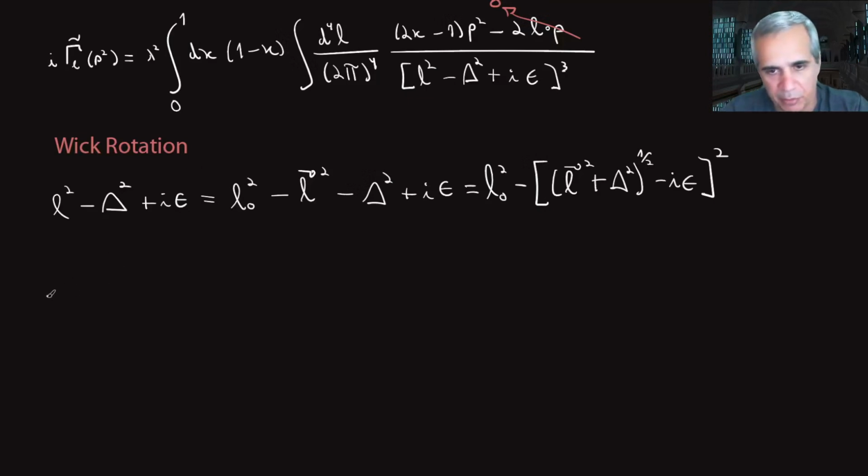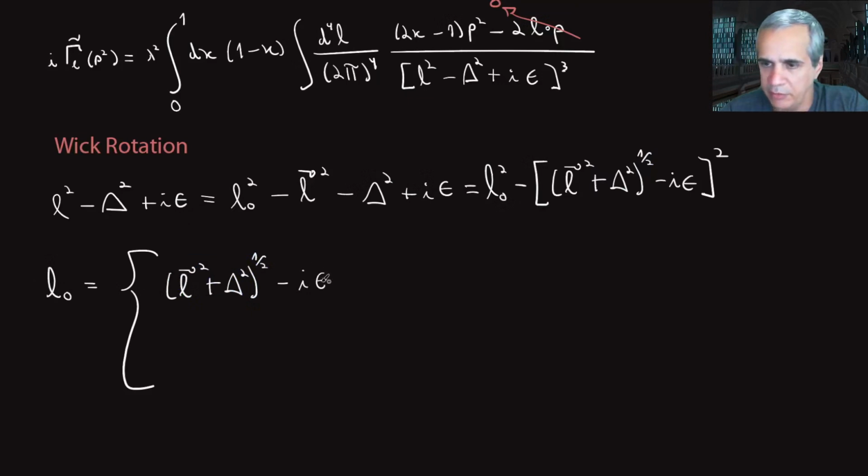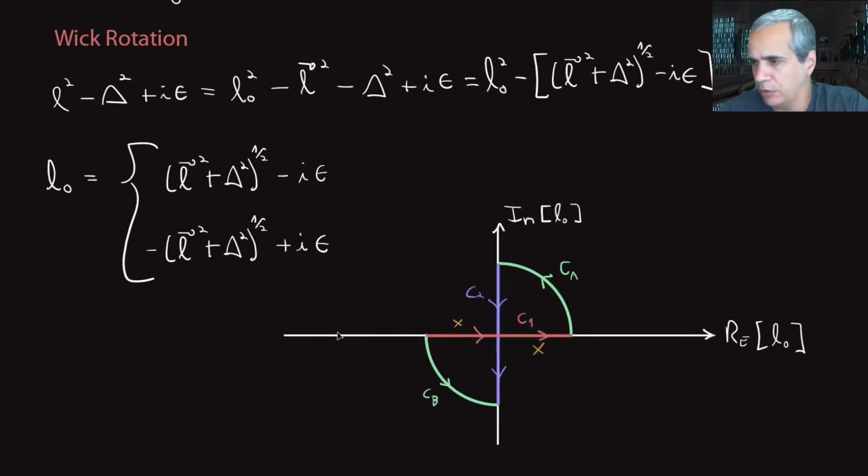You have a pole at this value minus i epsilon, and another pole at minus this value plus i epsilon. And if you draw that on the complex plane for L0, it will look like this.